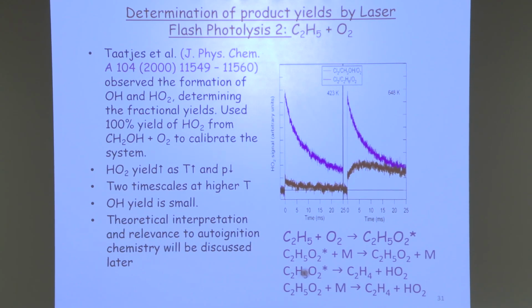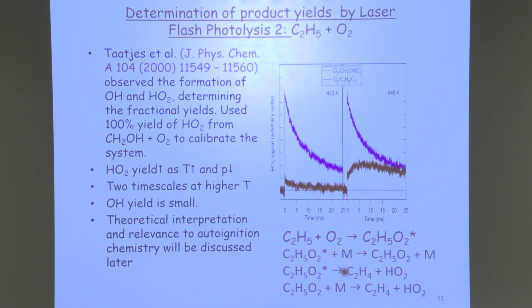So the same initially formed species from the ethyl radical reacting with O2 can form the peroxyl radical highly excited. That thing can either have collisions that get cooled and get trapped as the peroxyl radical, or it can immediately fall apart to make ethylene plus HO2. And so you want to vary the pressure and the temperature, and that will affect this competition.